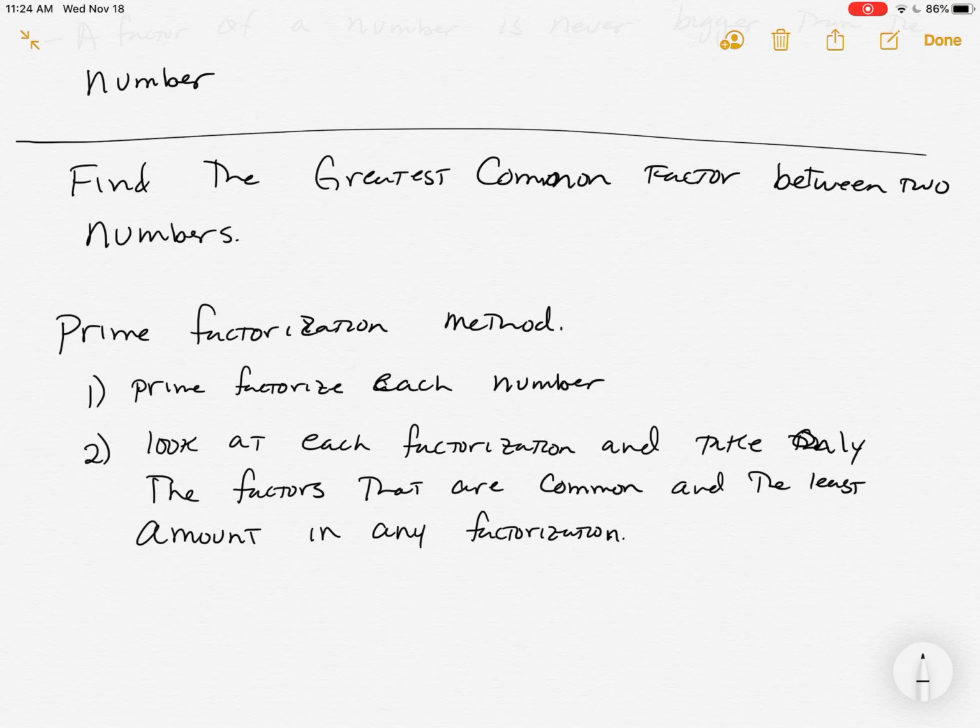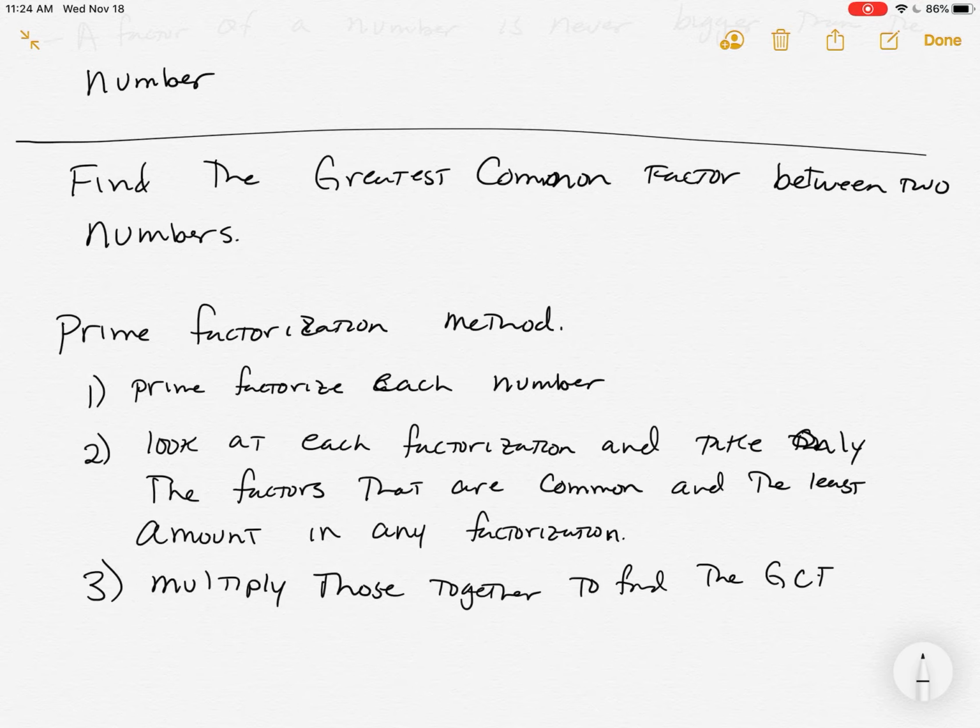Okay, I want to make sure you understand that. And the third step is to multiply those together to find the greatest common factor.